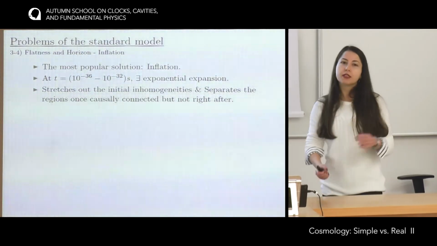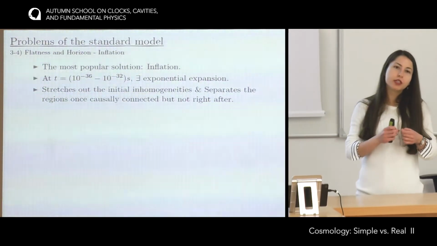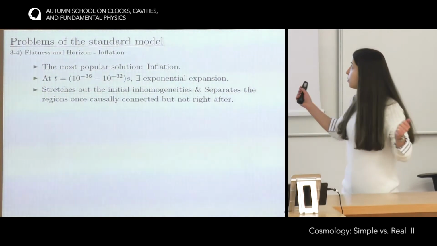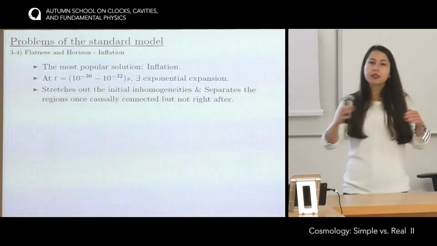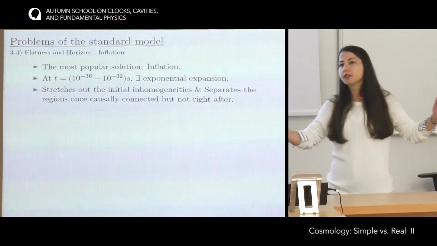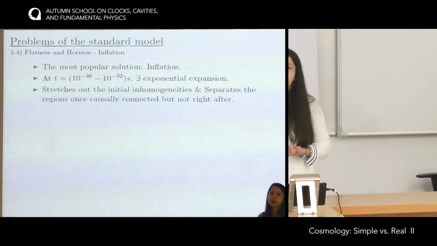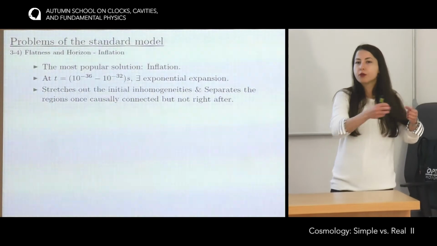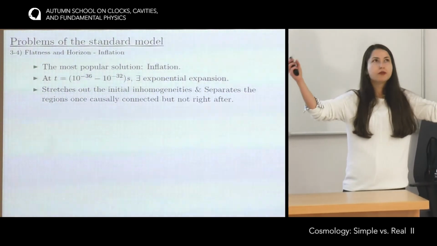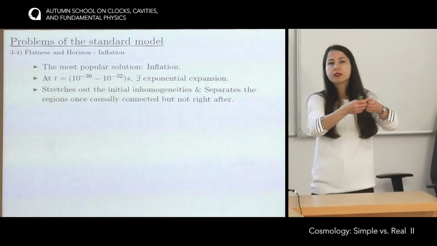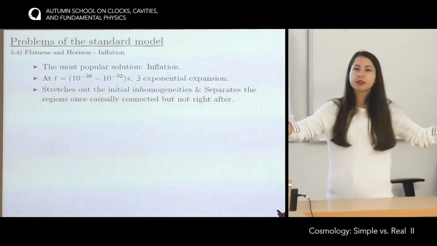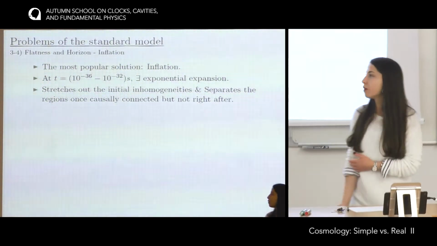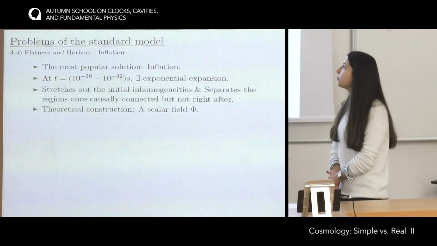So even if you had some initial fluctuations in your gravitational potential, this huge accelerated expansion stretches out the inhomogeneities. Thus, we now have a flat universe. The regions that we observe in different parts of the sky were once causally connected, but because of the inflation, they got stretched apart to very far away locations.